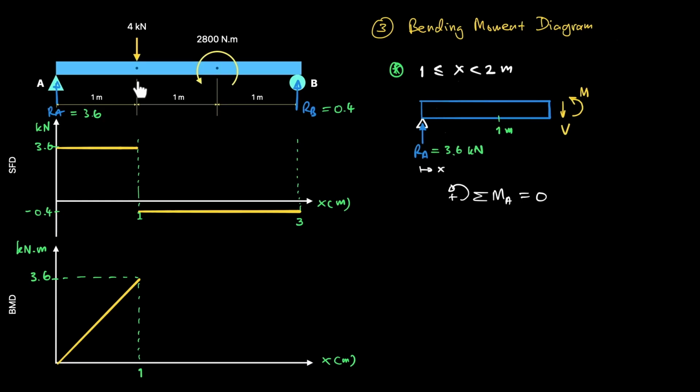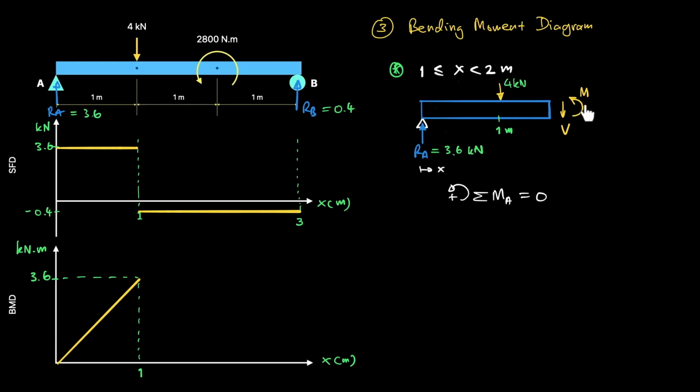Now for the second segment, we will go from 1 meter onward, but because we have the moment here, and our analysis is for the bending moment, we have to slice the beam just before this moment. So this is our diagram from 1 to just before 2 meters, and now we have the 4 kilonewtons load here at 1 meter. Again, sigma moment at A, counterclockwise positive, equals 0.